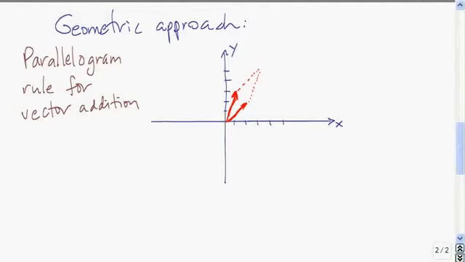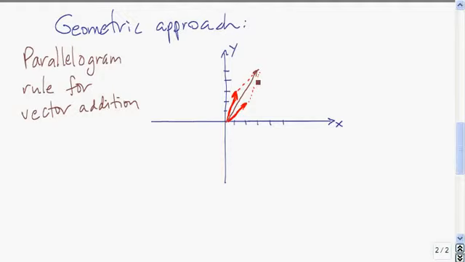Here I've formed the parallelogram with the two vectors that we're adding, and the resultant vector, or the sum of those two given vectors, is just the vector which is the diagonal of the parallelogram. It's this vector right here.